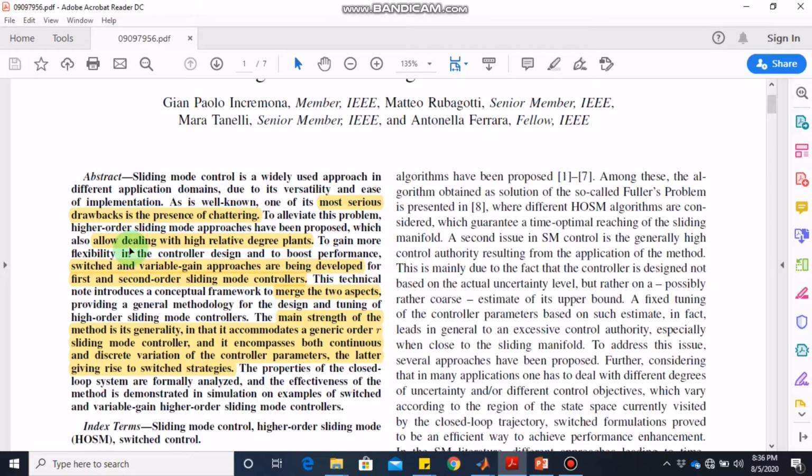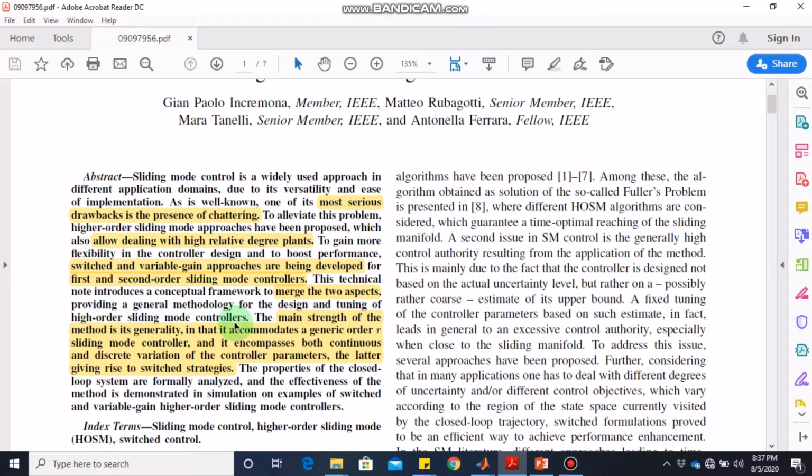The switched and variable gain approaches are being developed in this paper for first and second order sliding mode controllers. This is basically not a full length paper. This is a technical note, and it introduces a conceptual framework to merge the two aspects, providing a general methodology for the design and tuning of higher order sliding mode control.